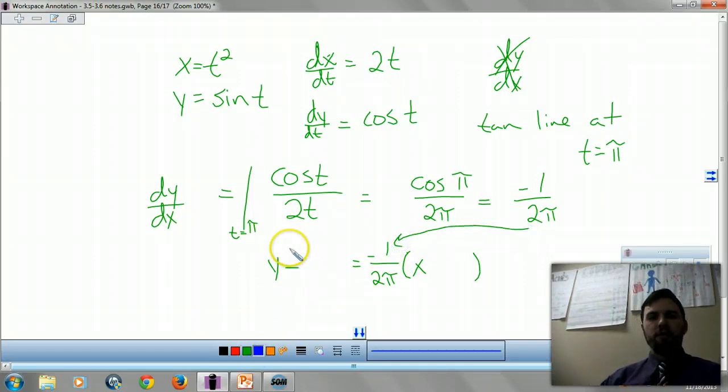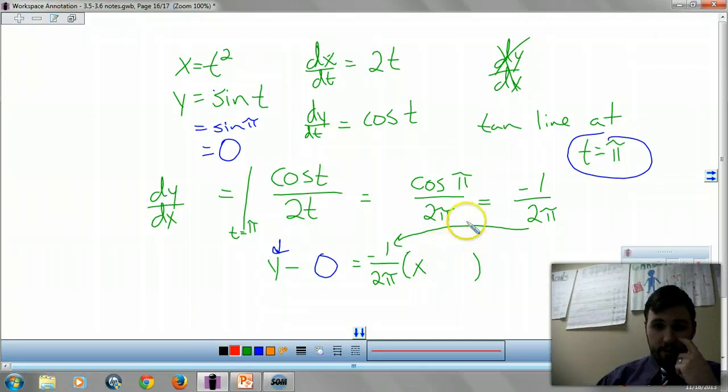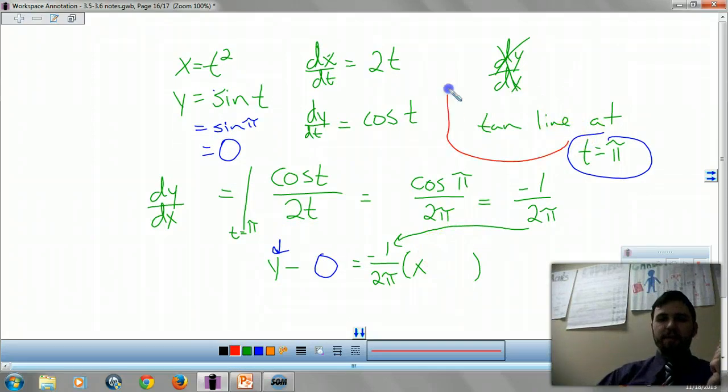Now, to find your y coordinate, you plug t equals pi into your y equation. Sine of pi is 0. For your x, you take t equals pi and plug it into your x equation. So you get pi squared.